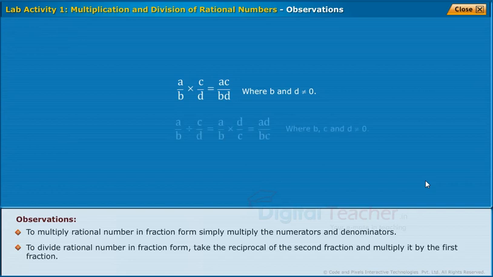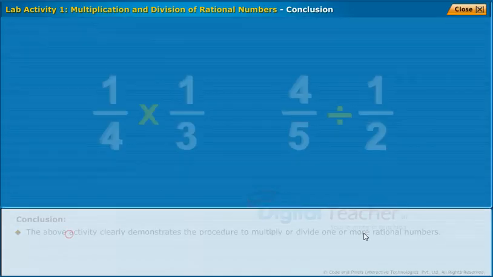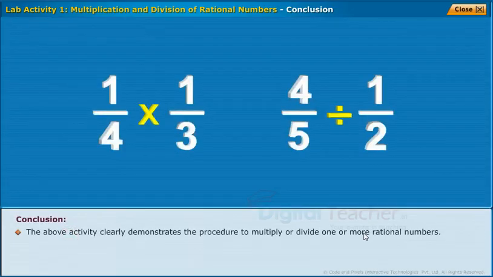That is, a by b when divided by c by d, we get a by b into d by c, which is equal to ad by bc, where b, c and d are not equal to 0. The above activity clearly demonstrates the procedure to multiply or divide one or more rational numbers.